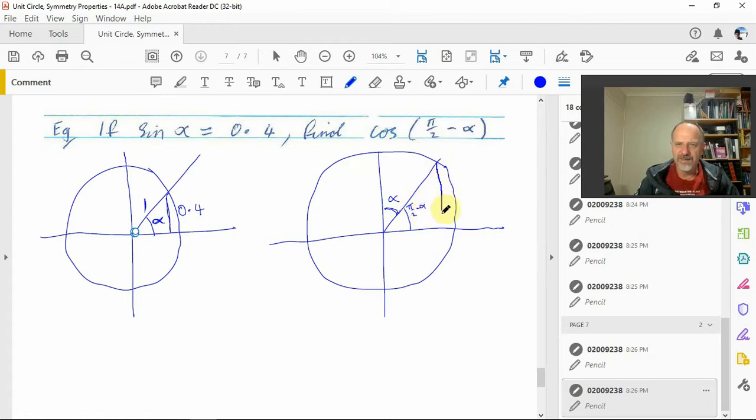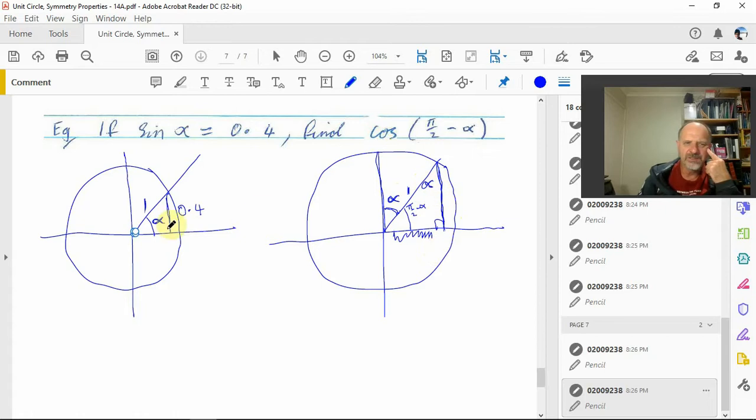Now if I drop that down there, and we're after the cos, so we're after this length here. That's 1 again. Now this side of the triangle and the y-axis, been lazy and not labelled it, are parallel. So if this angle here is alpha, then by alternating angles, this angle there is alpha.